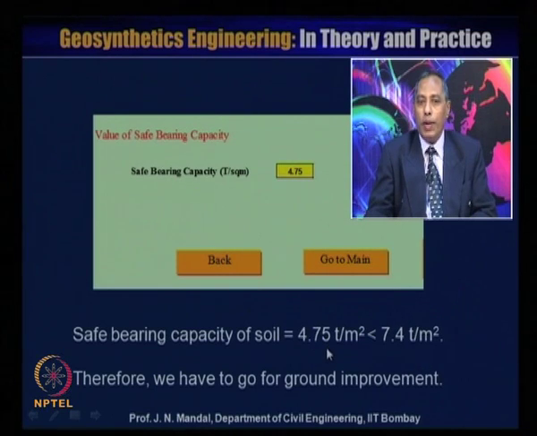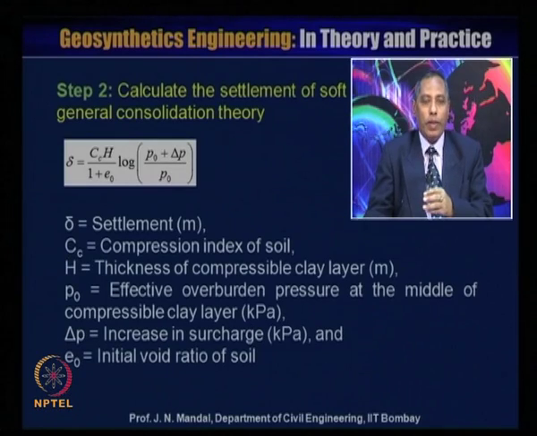So, 4.75 ton, what is safe bearing capacity, is less than the 7.4 ton per meter square that is required. Therefore, we have to go for ground improvement because it does not satisfy the bearing capacity of the soil.